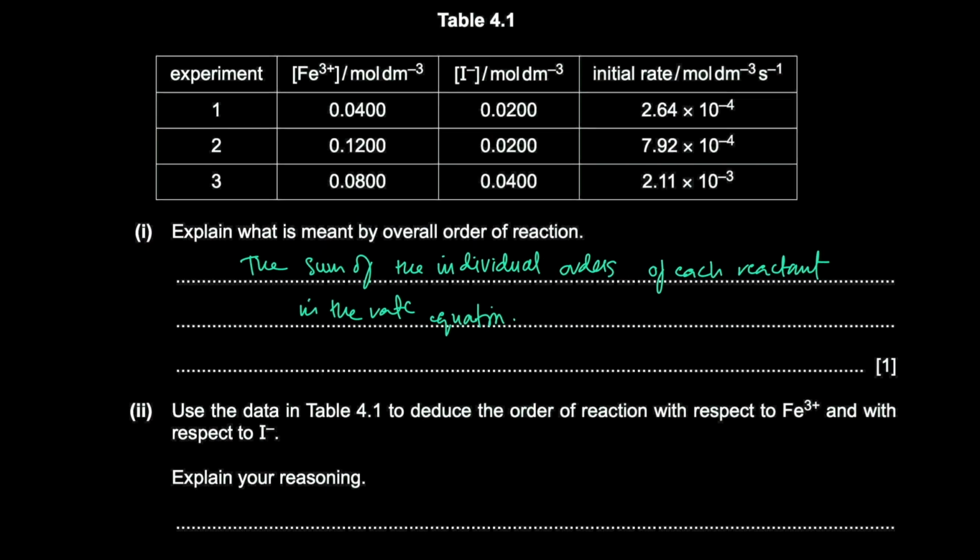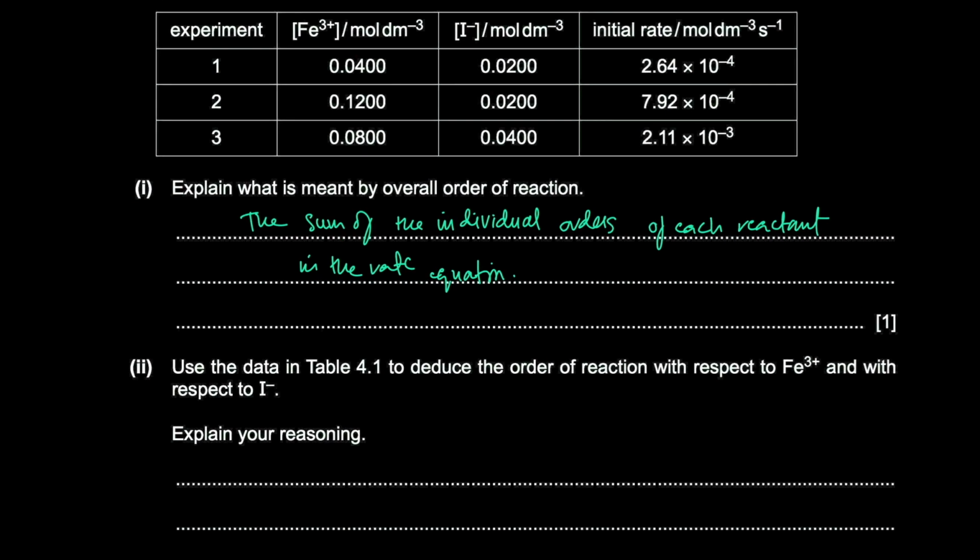Use the data in table 4.1 to deduce the order of the reaction with respect to Fe3+ and with respect to I-. So over here we have to first determine the order with respect to Fe3+, because the concentration of iodide ions is constant in experiments 1 and 2. So we can use experiments 1 and 2.